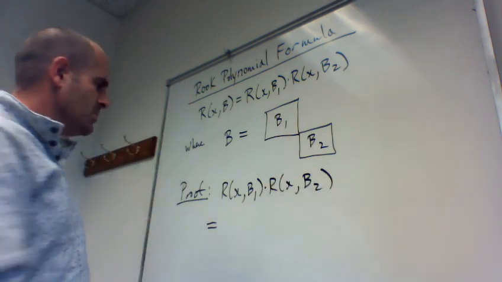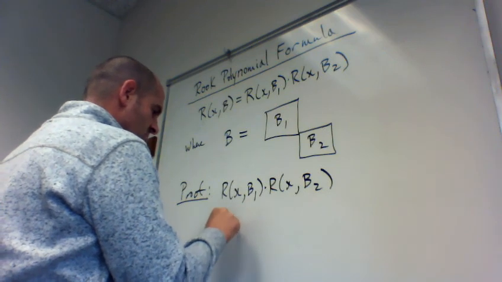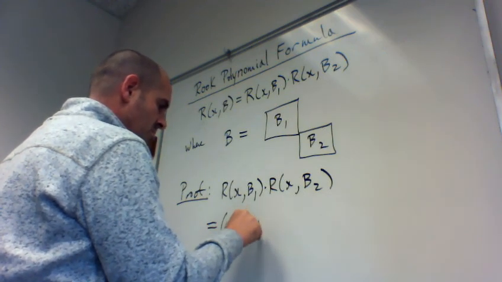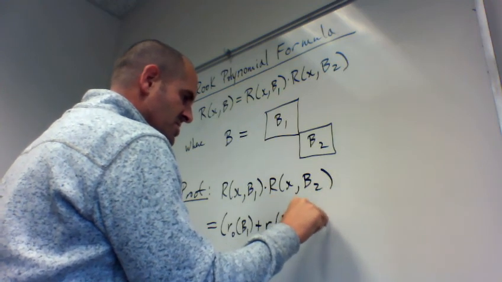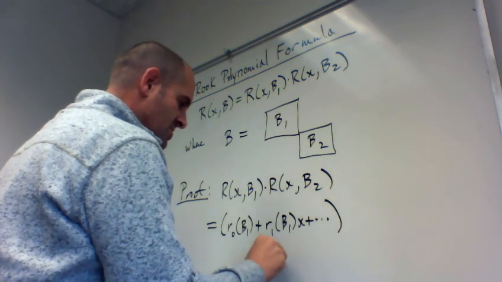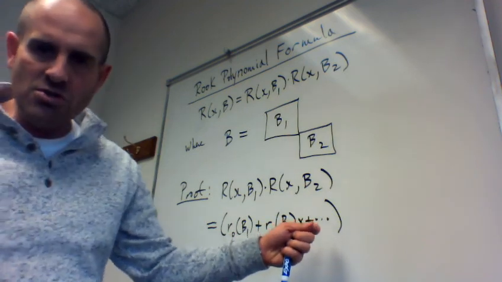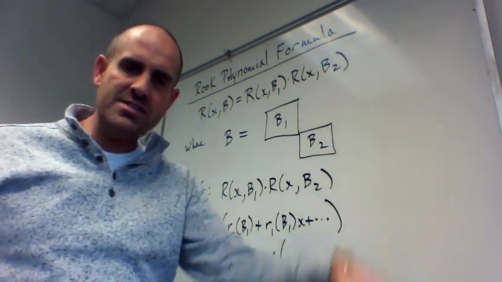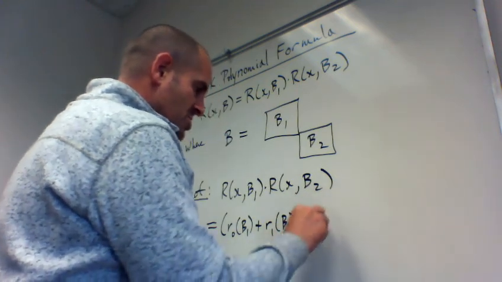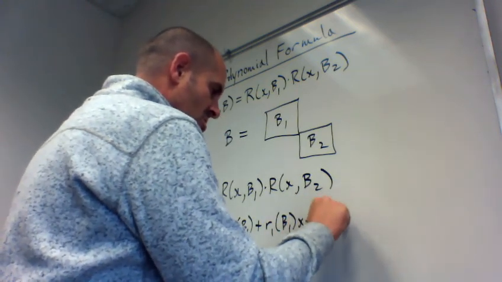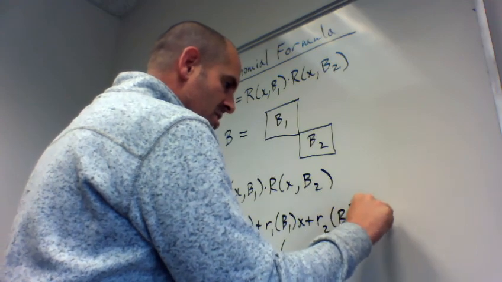Well, it's R0 of B1 plus R1 of B1 x plus etc. times, okay, you know that it's R2 of B1 x squared, etc., etc. Okay, in fact, let me just write that for good measure. R2 of B1, x squared plus etc.